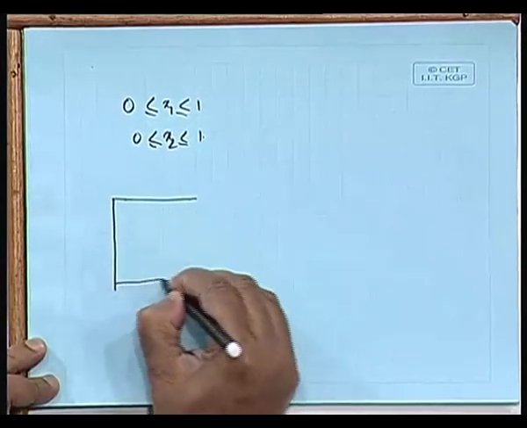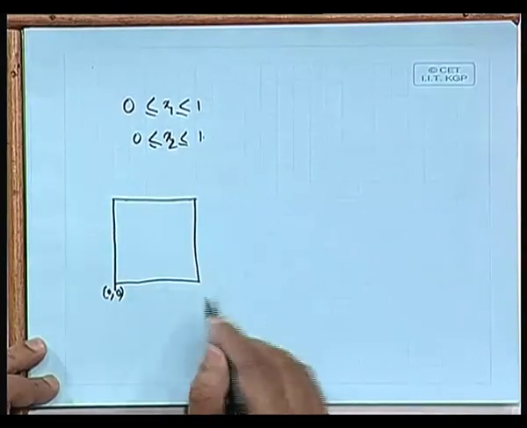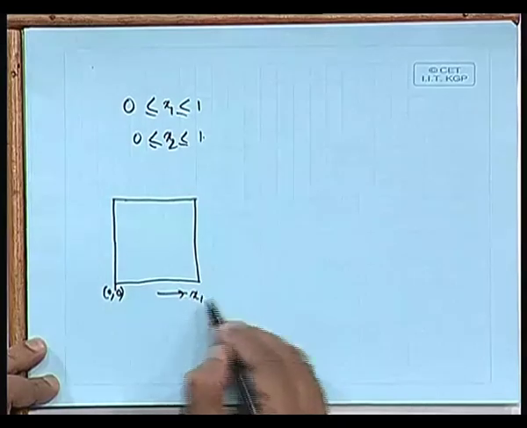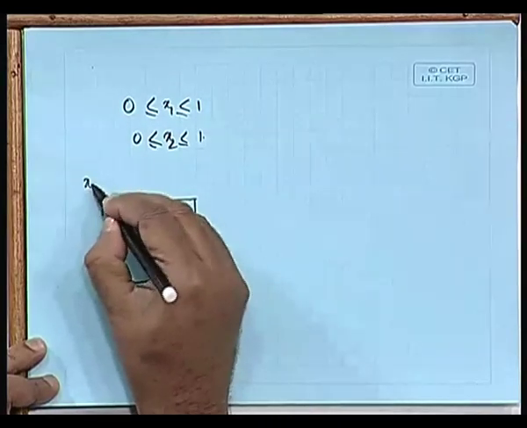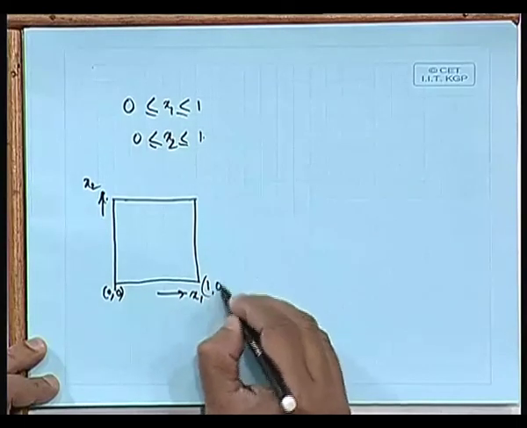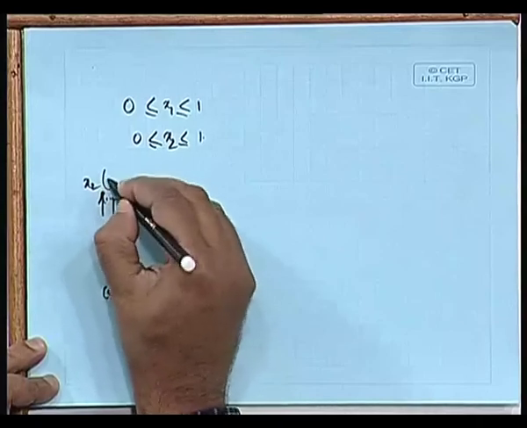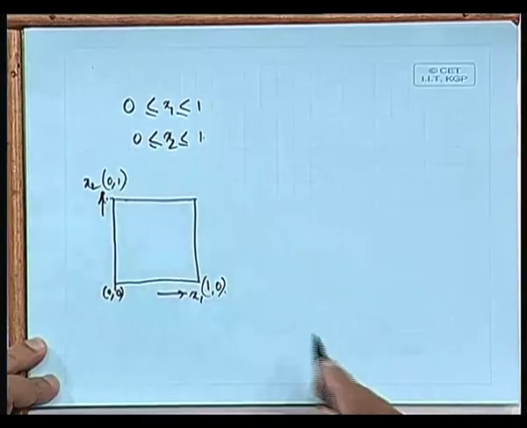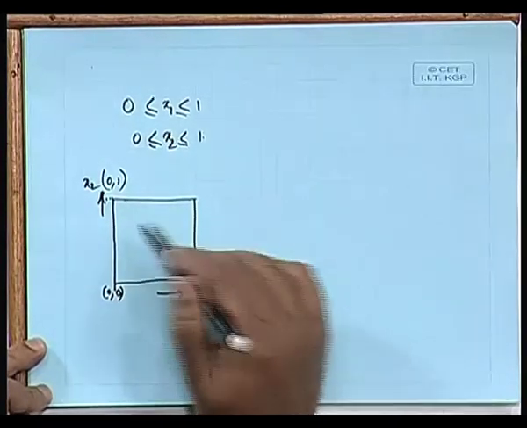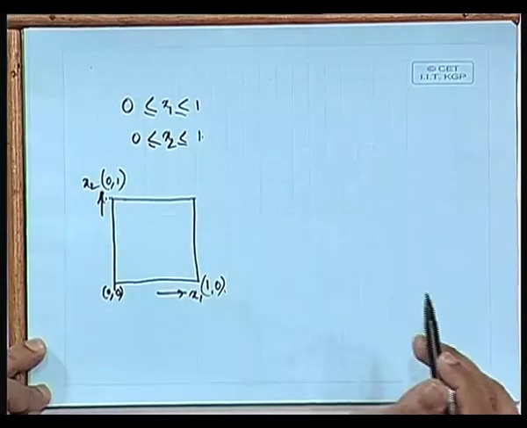Let us say that this is our point of origin, that is 0 0, and in this direction we plot x1, and in this direction we plot x2. This is say x1 is equal to 1. So, this is the point 1 0, and this is at x2 is equal to 1, which corresponds to 0 1. Okay. So, this is the complete space. So, whatever input vector we pick up, we have to pick up from this space, all right.